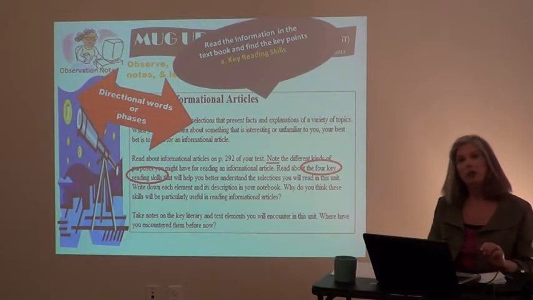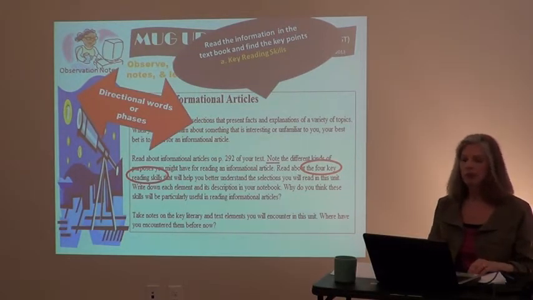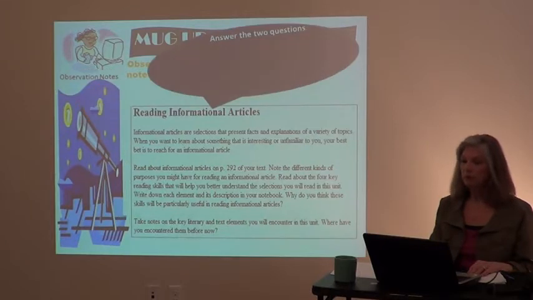All right, now let's look and see if we can find a second one. Look for a directional word or a phrase. Look down in that last paragraph. Take notes. Take notes on what? Key literary and text elements. That is your second key point that you are going to put in the left-hand column of your notes.